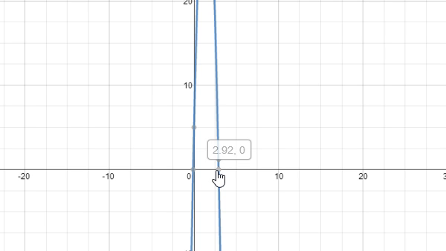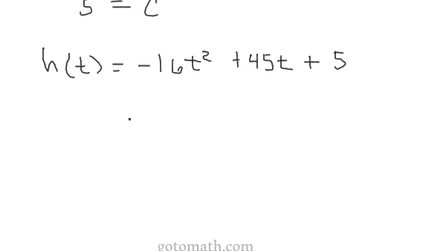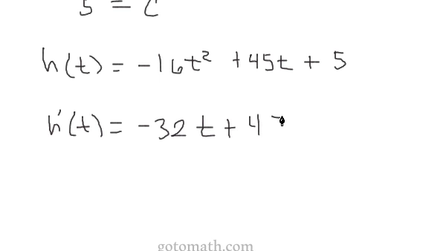It took 2.92 seconds, and of course we can show this by the position. Now that we've constructed the position function, we could get these numbers. So remember how to find the max. You would just take the derivative of this. H prime of t is equal to negative 32t plus 45.